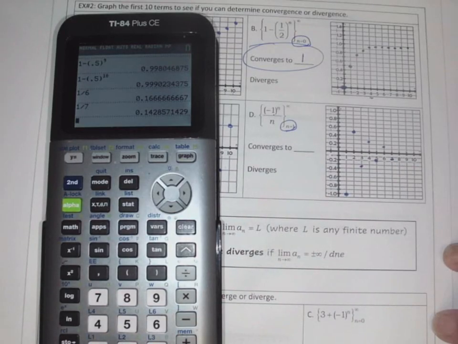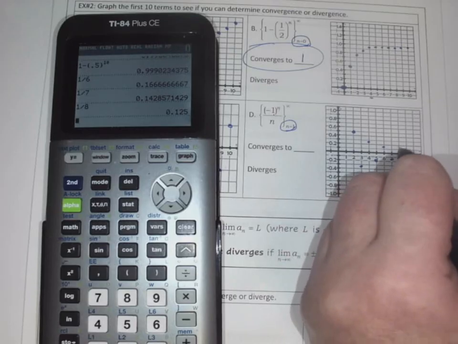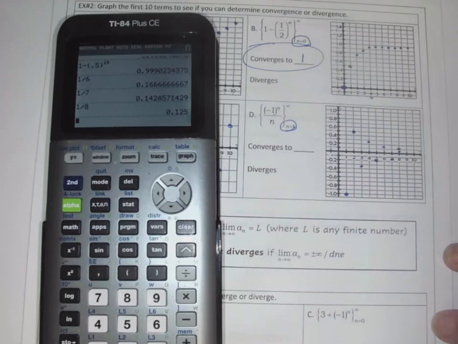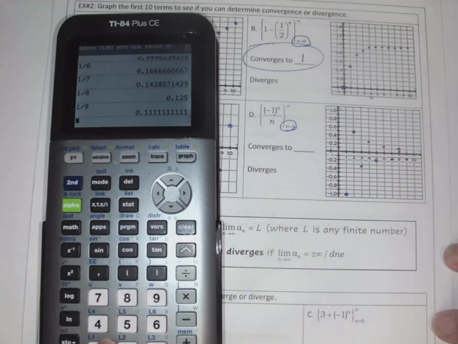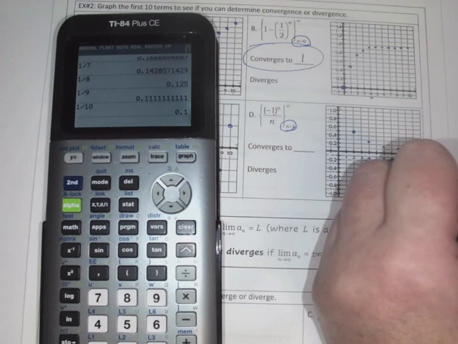And then, let's see, 1/8, 0.125. That's going to be right there, a little bit over 0.1. All right, and then 1/9, I think, is 0.1111. That one's going to be negative. And then 1/10 would be 0.1, and that one's going to be positive.